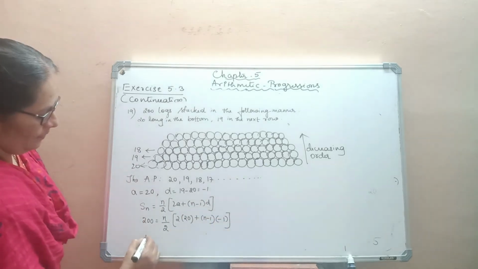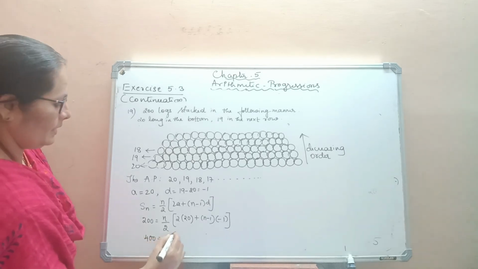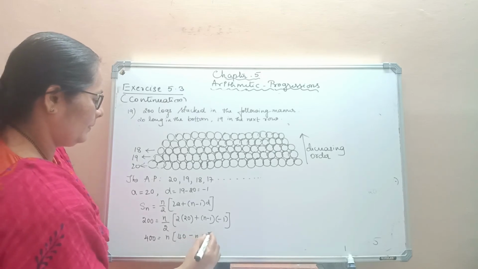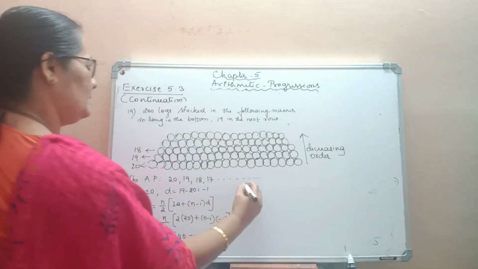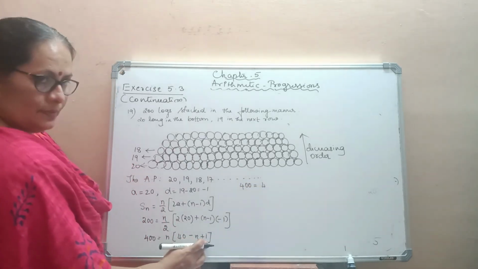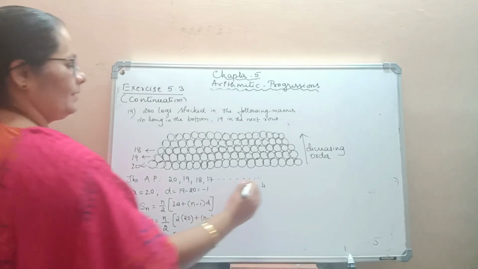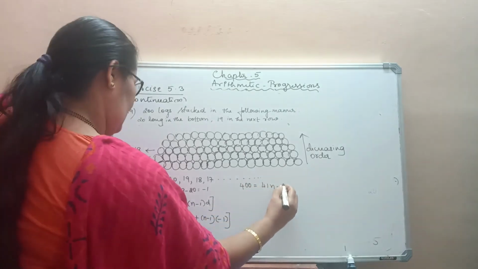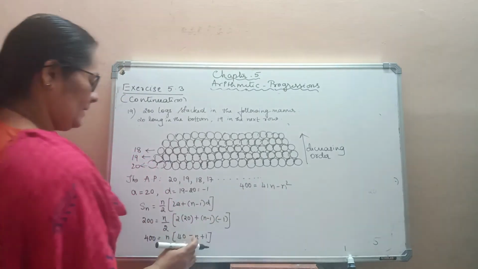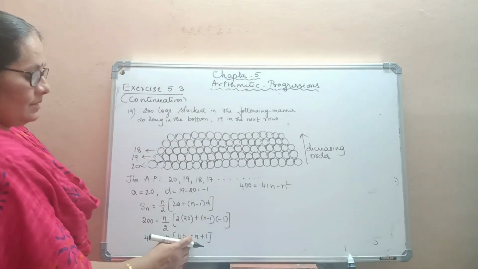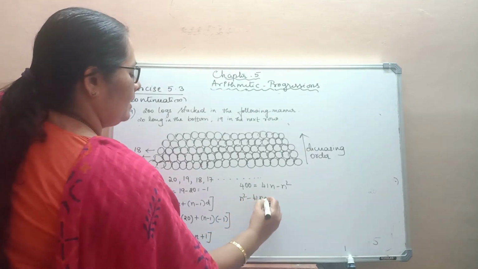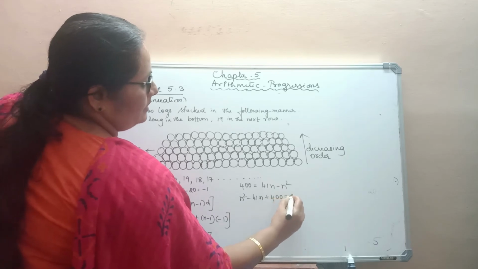Cross multiply: 400 equals n into 40 minus n plus 1, which is 41 into n, that is 41n minus n square. So n square minus 41n plus 400 equals 0.